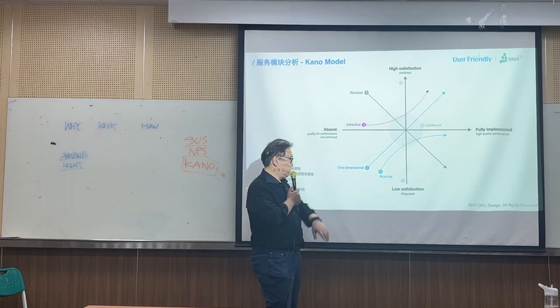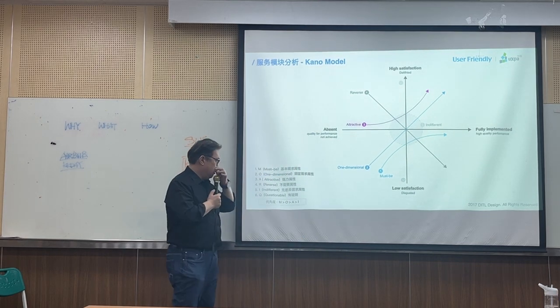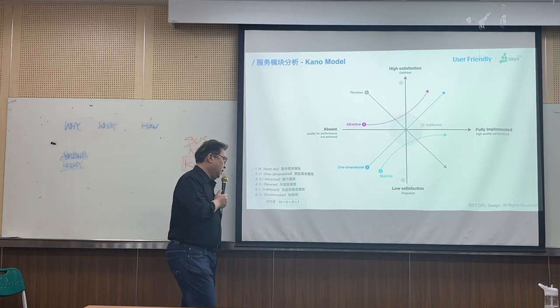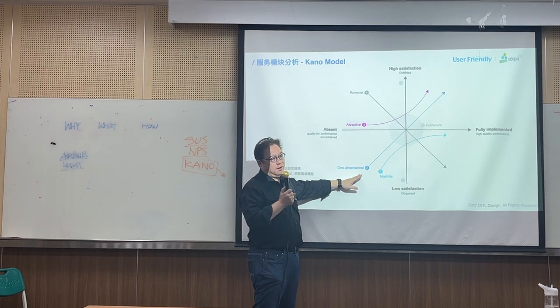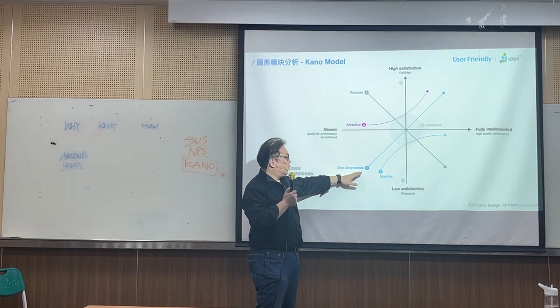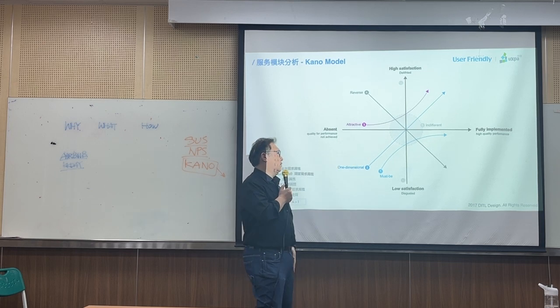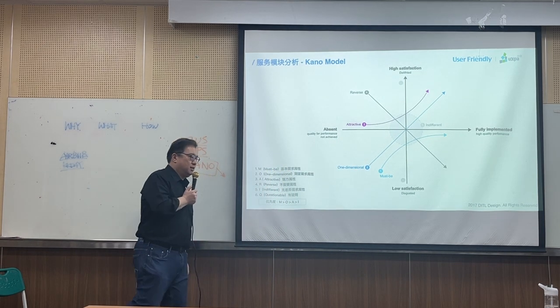Okay, so that's the first one. The second one is one-dimensional. One-dimensional is kind of the expected need. When you don't have it, people feel upset. But when you have more, in terms of quality, the user will feel more satisfied.